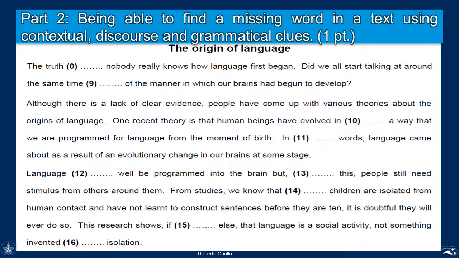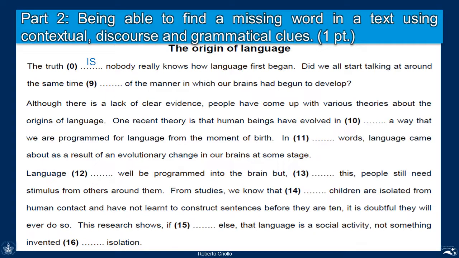The origin of language. The truth... nobody really knows how language first began. So we see here that we need a link between the truth and nobody really knows. So we obviously know that it's the word is. The truth is, nobody really knows how language first began. Let's look at the second sentence. Did we all start talking at around the same time... of the manner in which our brains had begun to develop?